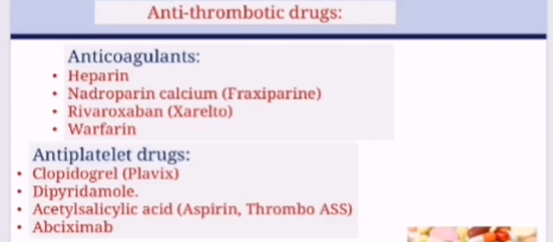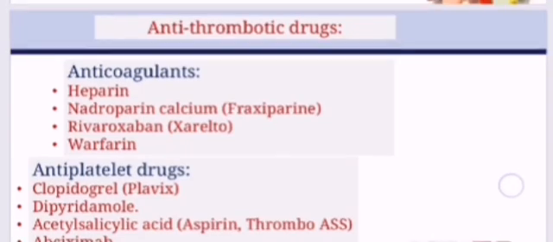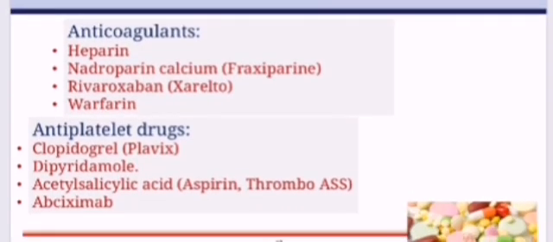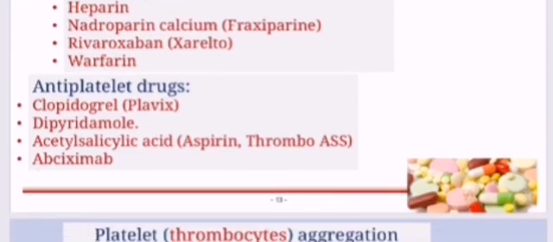Anticoagulants are the drugs which prevent coagulation of platelets and coagulation proteins: heparin, nadroparin calcium, enoxaparin, rivaroxaban, Xarelto, warfarin.